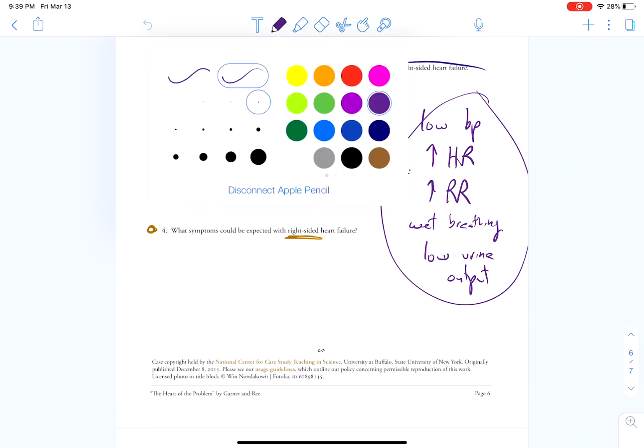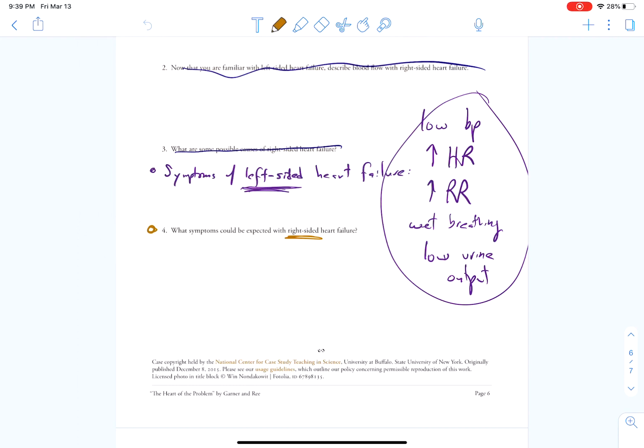So with right-sided heart failure, we're going to have edema. We're going to have increased respiratory rate.